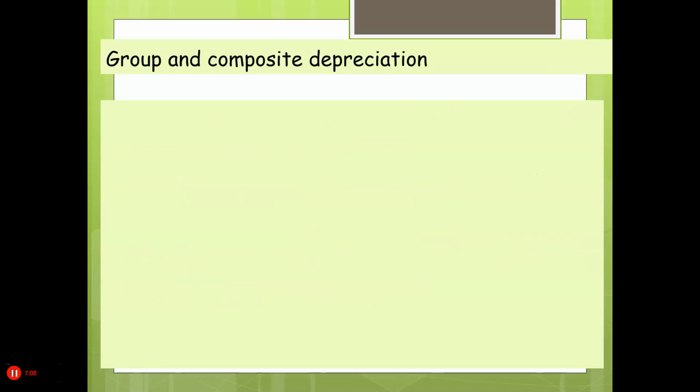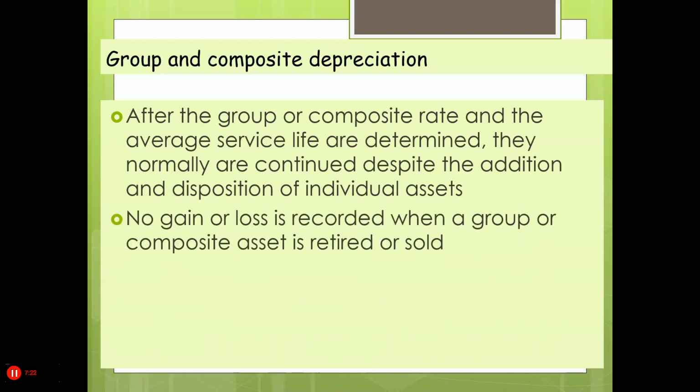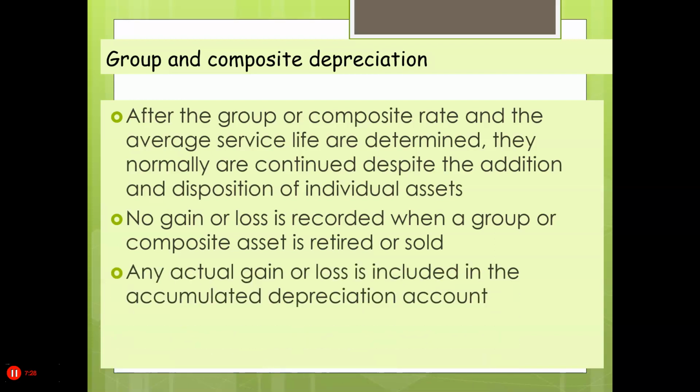After the group or composite rate and the average service life are determined, they normally are continued despite any additions or dispositions of individual assets. No gain or loss is recorded when a group or composite asset is retired or sold. Any actual gain or loss is included in the accumulated depreciation account.